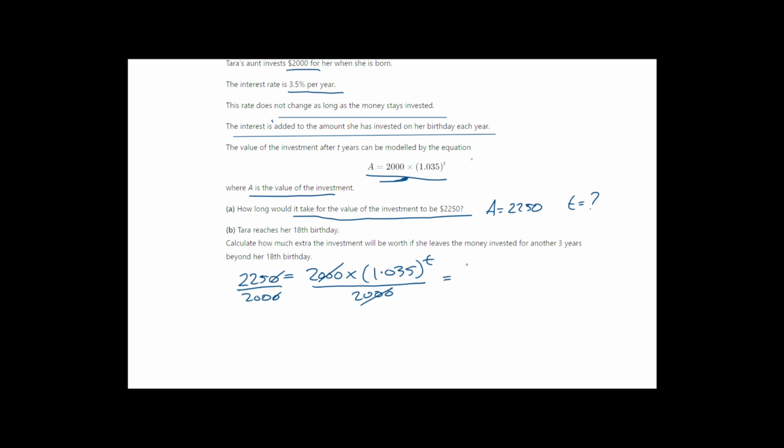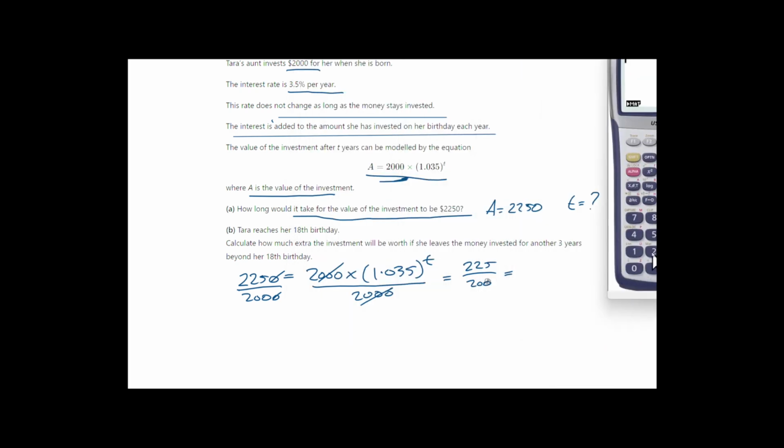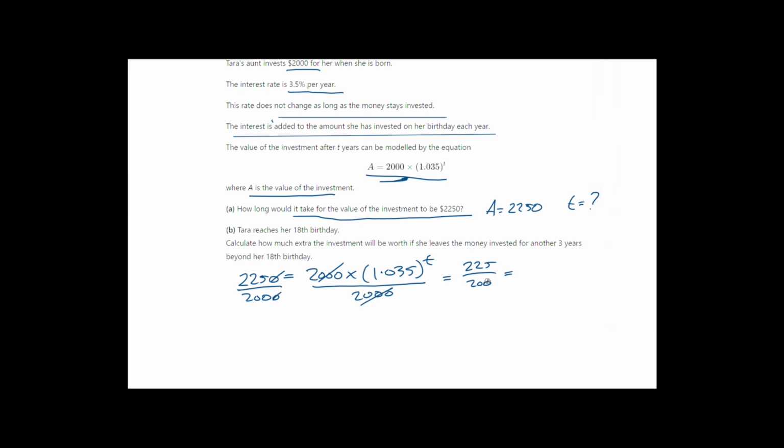So that's going to be 225 over 200, and I wonder if that's going to be a nice number. 225 divided by 200 is 1.125. Okay, 1.125.